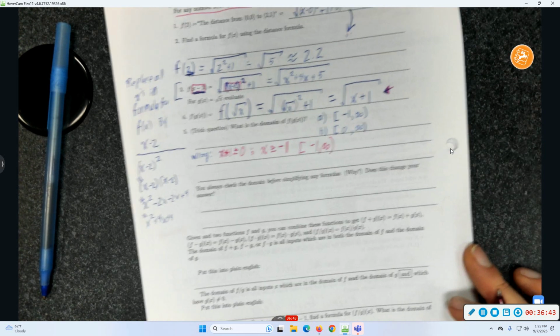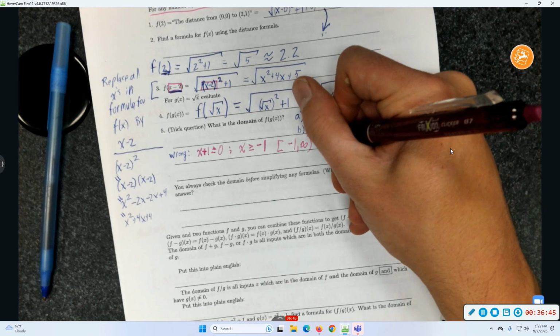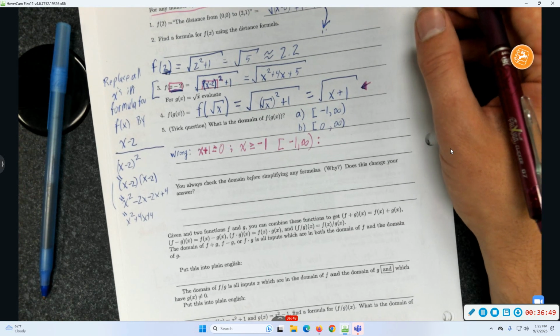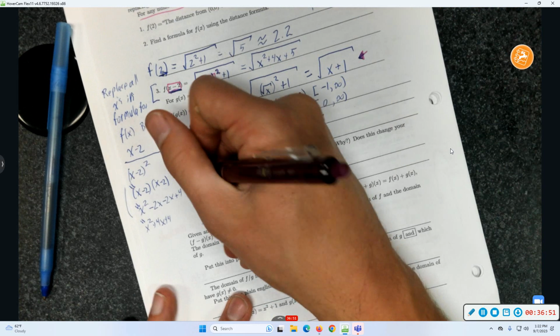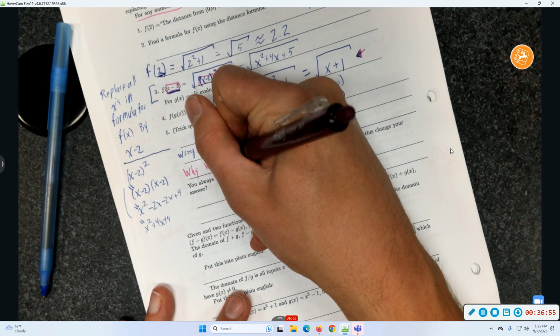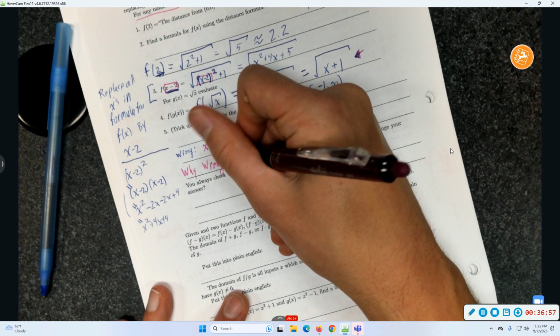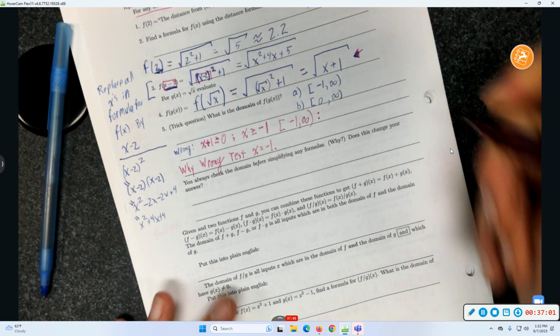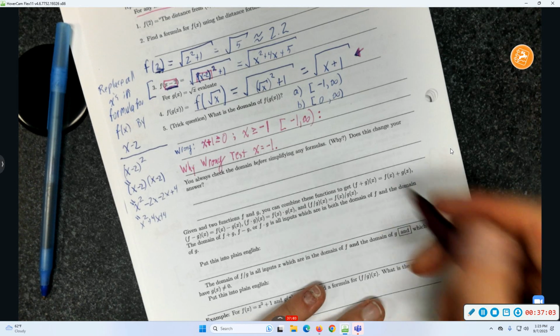Well, what's wrong with that then? So here's what's wrong with that. It turns out whenever you do algebra, you might change the domain. Let's see what happens if you plug in x equals negative 1.